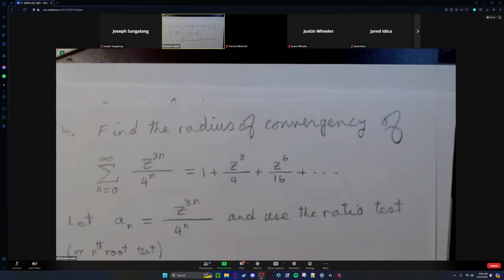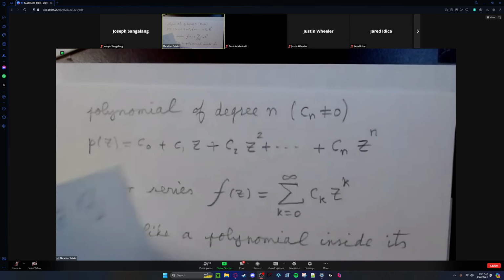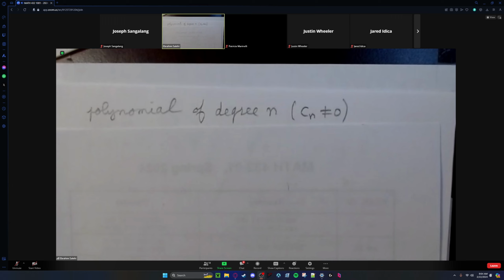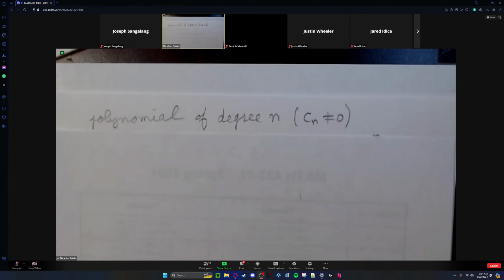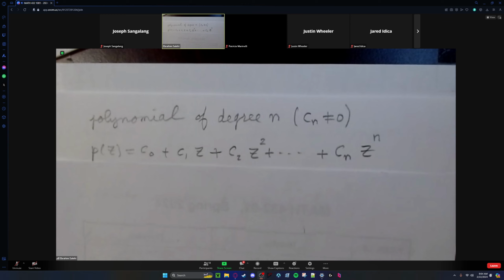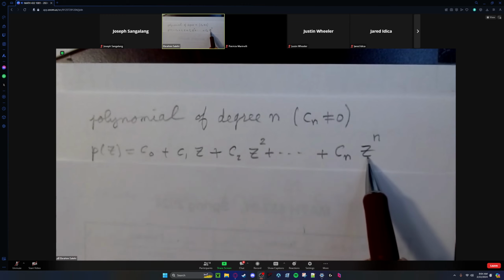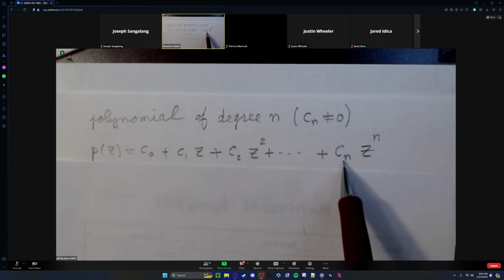So enough examples of power series, but here is why we like power series. See, when we deal with a polynomial, a polynomial of degree n looks like this. The degree of this polynomial, the highest degree, is n, assuming that C_n is not 0.